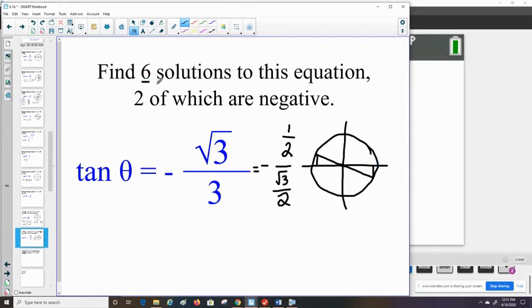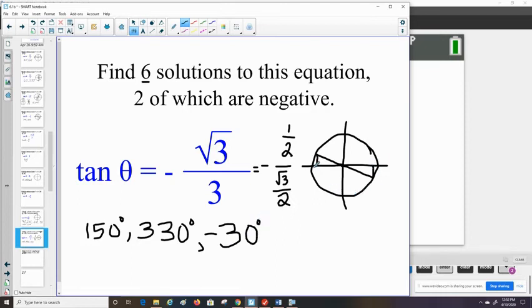So again, 6 solutions. Looks like I've got 150, let's see, all the way around here, 30 degrees less than 360 is 330. Or I could subtract and go with negative 30 degrees. Notice that 30 degrees wasn't a solution, but negative 30 is.